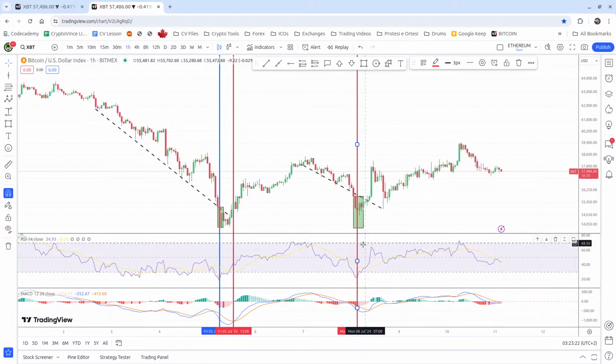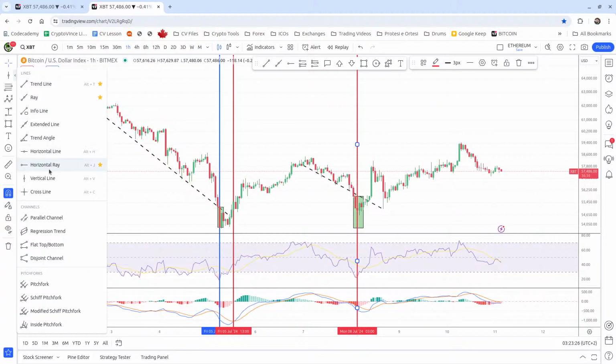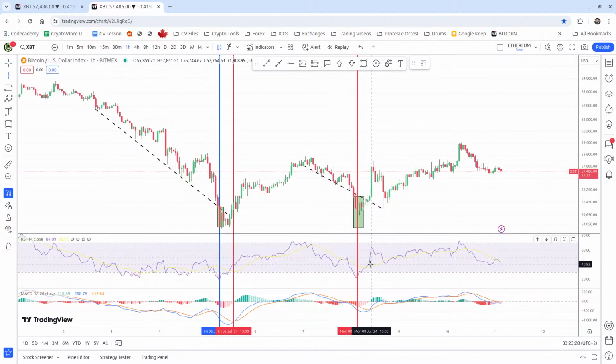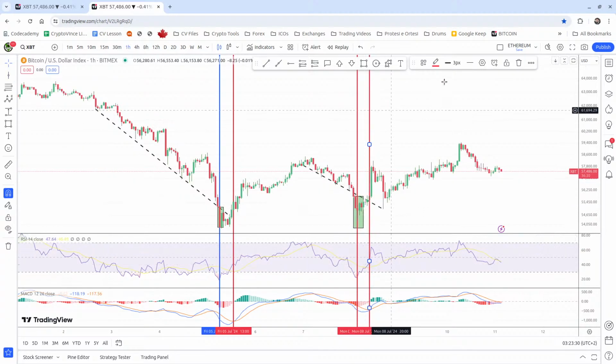My English is so bad when I'm tired. And the MACD in this case just confirms right here. It just confirms the possible reversal. Again, MACD is more lagging, as you can see, compared to the RSI.